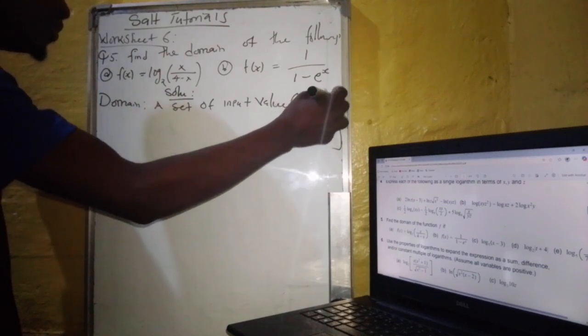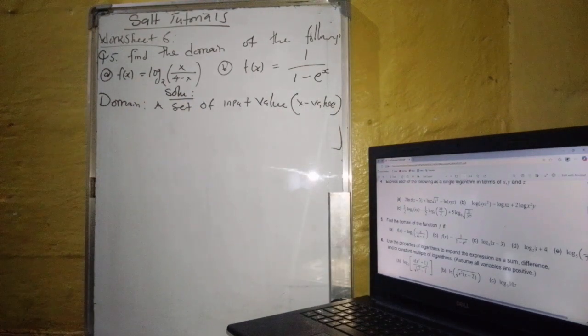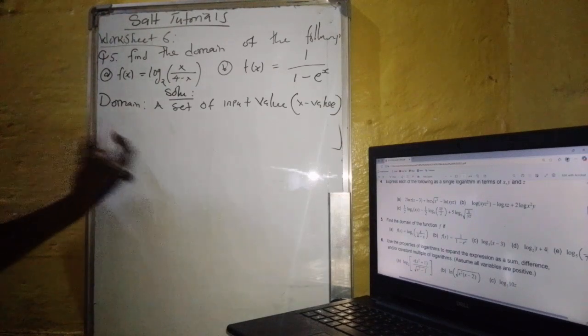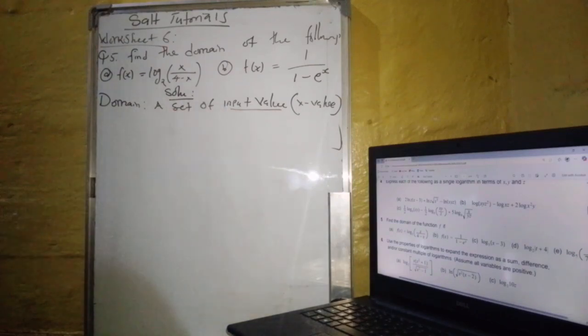This is what we defined the domain as in our first term. If they ask you to find the range, the range is a set of output values. The domain is a set of input values.